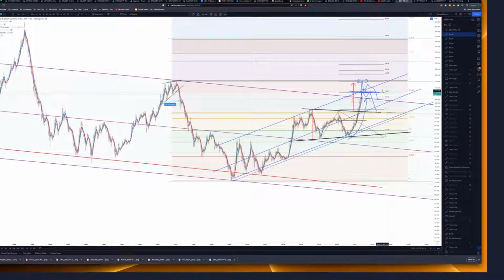We need to break this level to get the Bitcoin bottom, or we need to pull back and break this level of the 414, this range, to say, okay, that's a local bottom, and then maybe continue on like that. I've got this middle layer.